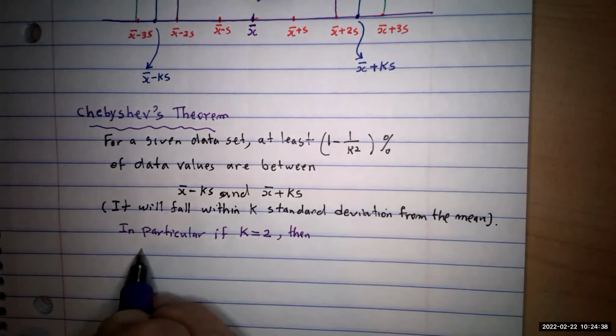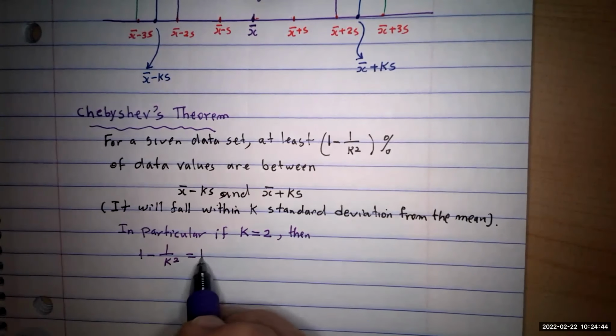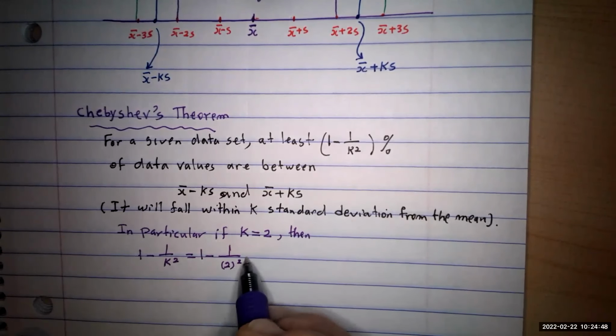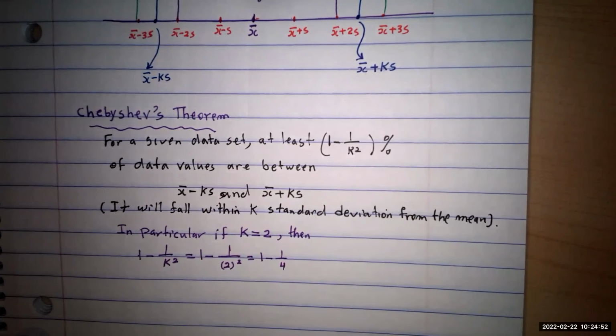this 1 minus 1 over k squared, when k is equal to 2, is going to be 1 minus 1 over 2 squared, which is 1 minus a quarter, and 1 minus a quarter would be 3/4.